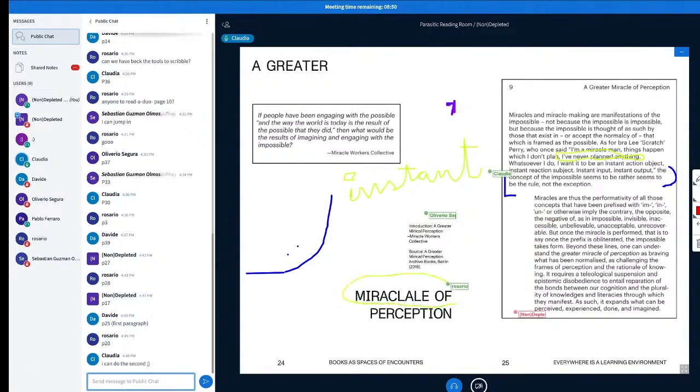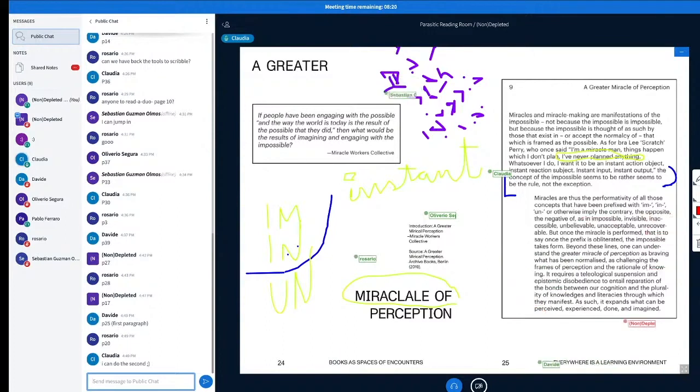Miracles are thus the performativity of all those concepts that have been prefixed with im, in, an, or otherwise imply the contrary or opposite, the negative of, as impossible, invisible, inaccessible, unbelievable, unacceptable, unrecoverable. But once the miracle is performed, that is to say, once the prefix is obliterated, the impossible takes form.